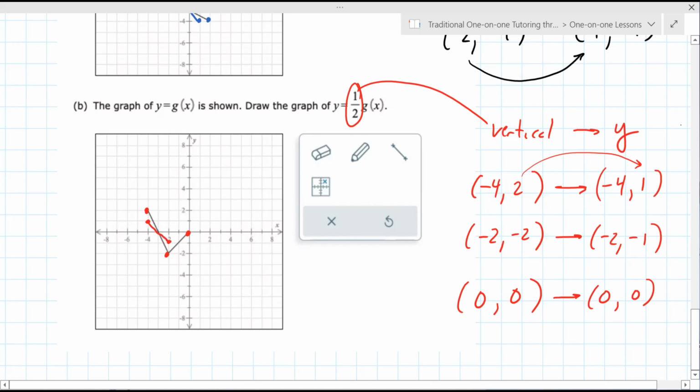So it looks like this when you're all done. Oops. Okay, I think I typed something incorrectly.